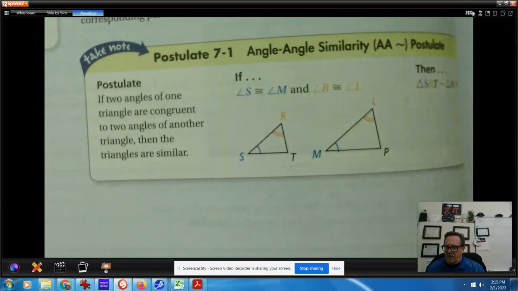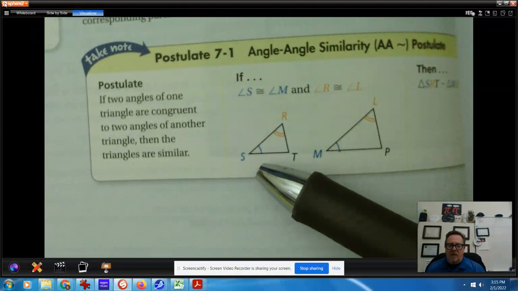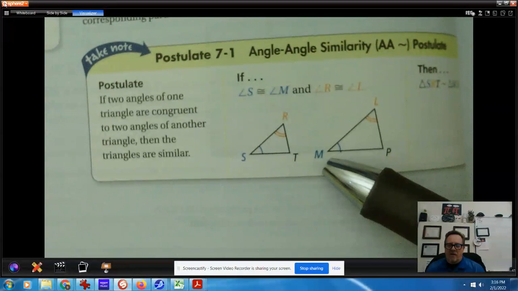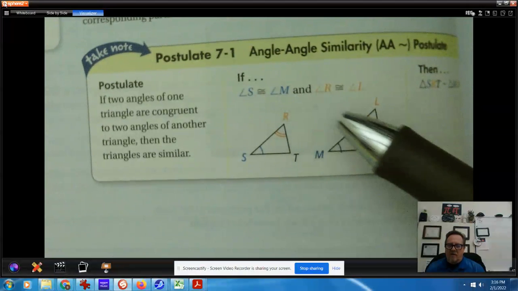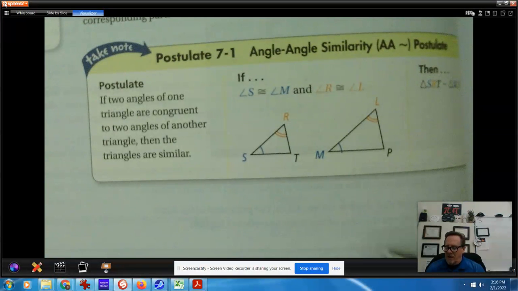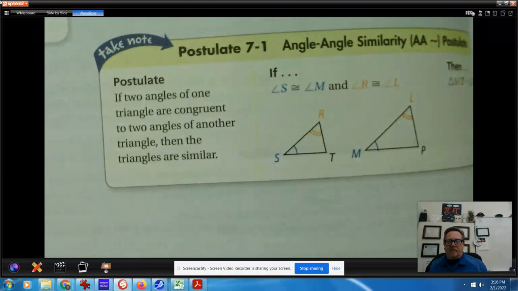If you can demonstrate that the angle and its corresponding angle here are congruent, and that this angle and its corresponding angle over here are congruent, then we should already know that the third ones are going to be congruent as well. And as long as all three angles are congruent, then the triangles are going to be similar.